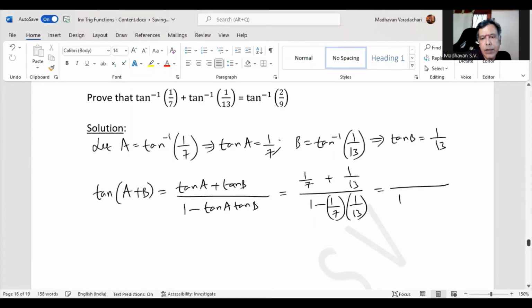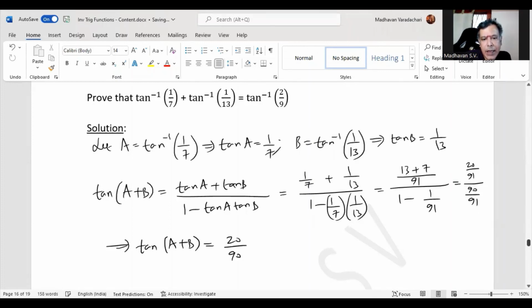So this will give us 1 minus 1 by 91. Here the LCM is 91, so here it is 13 plus 7. So we get 20 by 91 divided by 90 by 91. That means tan of A plus B is equal to 20 by 90, which is nothing but 2 by 9.